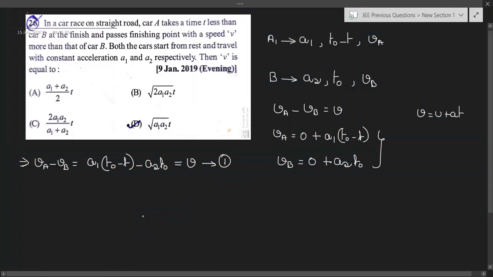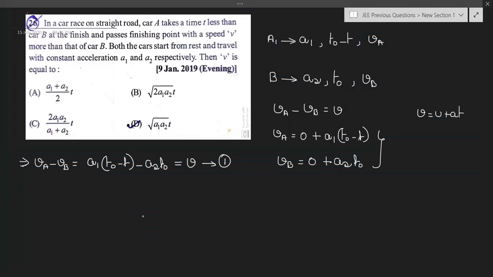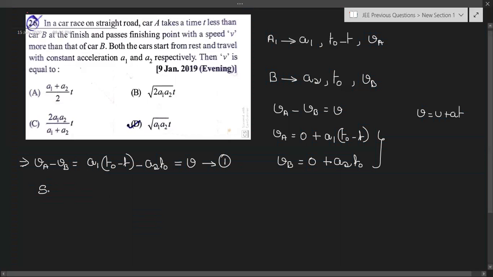Now by the time both the cars reach the finishing point, both the cars will cover the same distance. So the distance covered by car A is equal to the distance covered by car B. Anyway, the initial velocity of both the cars is 0.